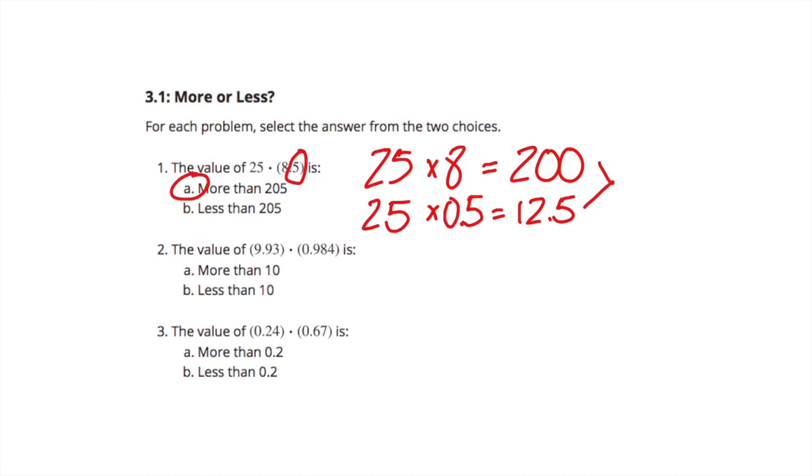For the next question, the two factors that we're multiplying both have long decimals in them, and that's going to be very difficult to do in your head unless we look for something close.